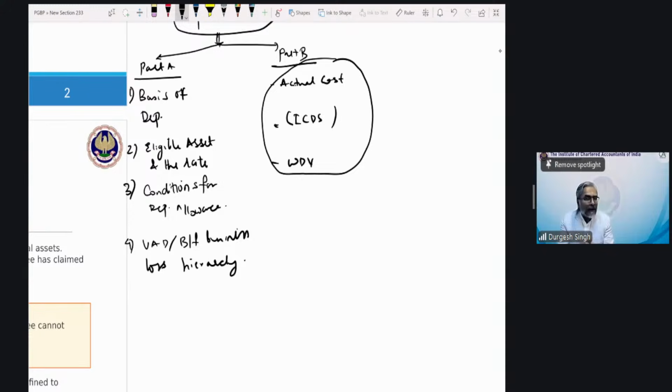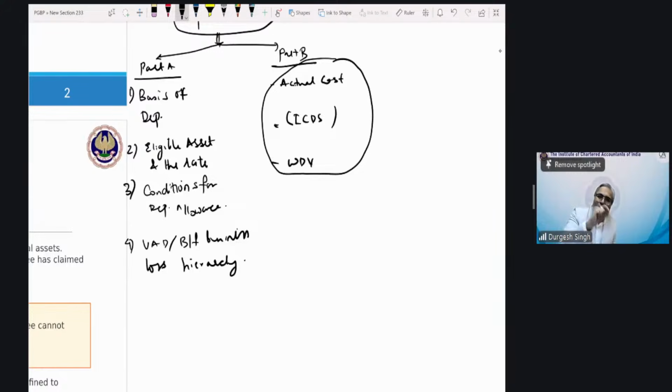And if the block as a whole is in use, and in that entire block a few of the assets are not in use for whatever be the reason, and the most important condition, students, what was that? In respect of those assets which are not in use, you have not received any money, then can we say that the asset continues to be part of the block?